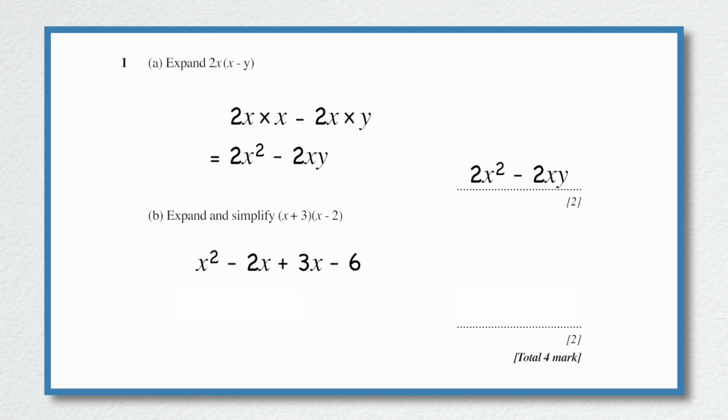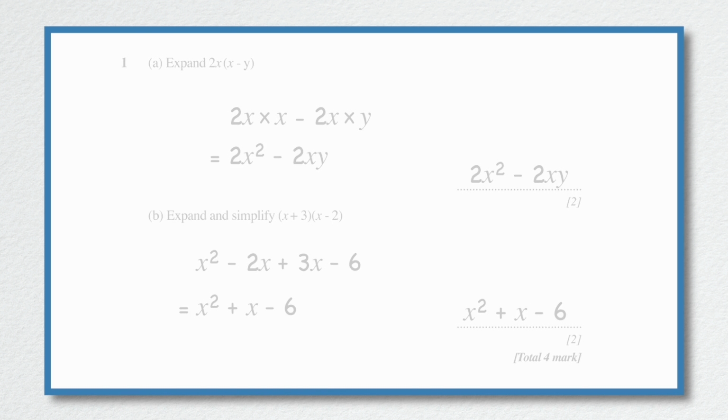This stage will give you 1 mark. But this can be simplified. We have x squared. Then we have minus 2x add 3x, which is equal to x. Subtract 6. And that's the final answer for 2 marks. X squared add x, subtract 6.